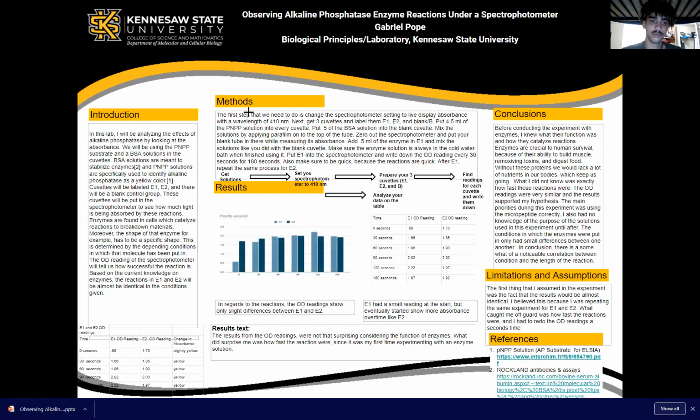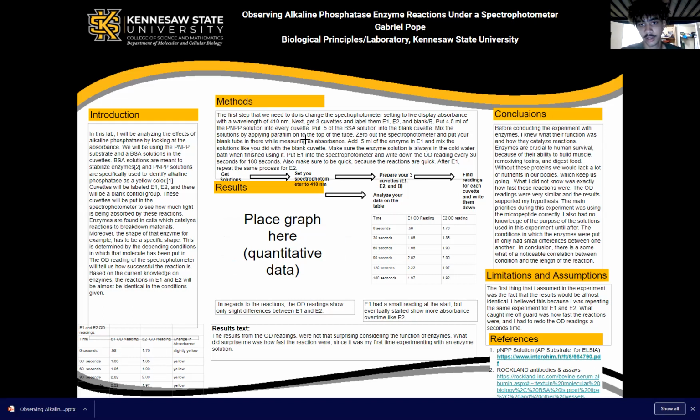For the methods, the first step is to set our spectrophotometer to live display absorbance with a wavelength of 410.